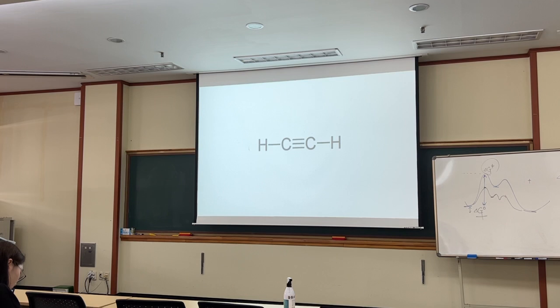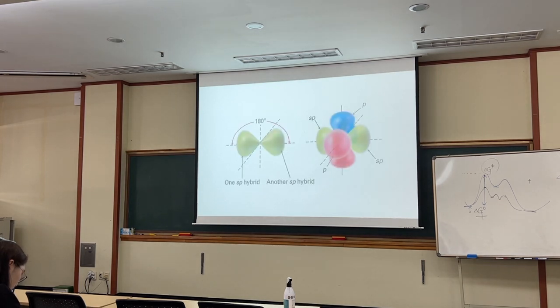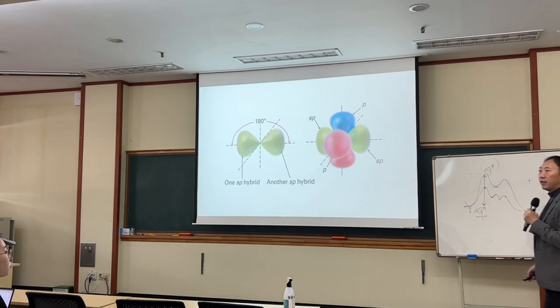In the triple bond case, we can assume 1s and 1p orbital make this axis, and then the other two, py and pz, exist independently. So there are two pi bonds and one sigma bond.